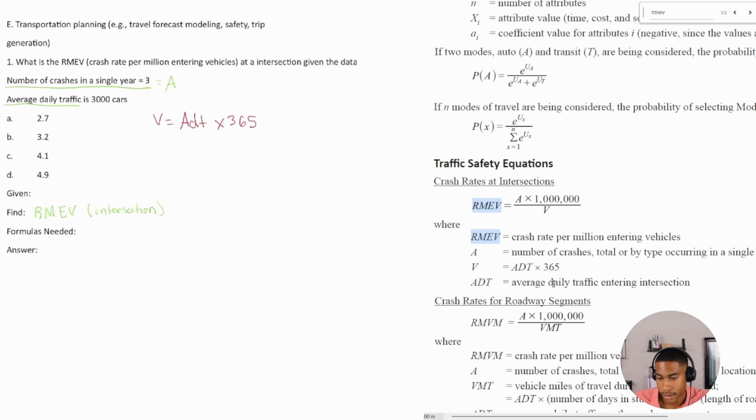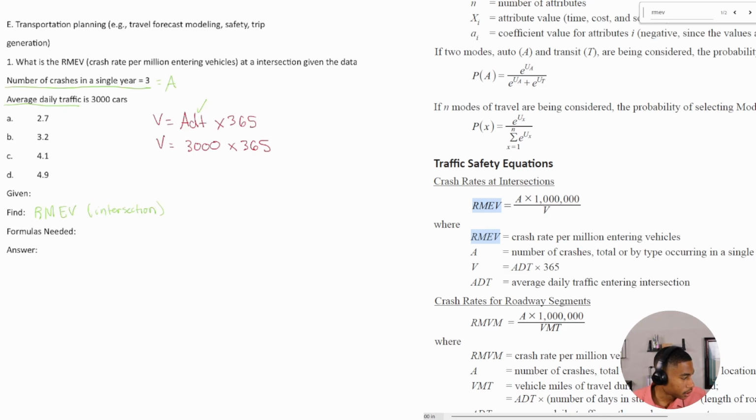Well, ADT is the average daily traffic entering the intersection. Average daily traffic that we have is 3,000 cars. So we do, in fact, have ADT. So now we can solve for V. All right. So V is equal to 3,000 times 365.